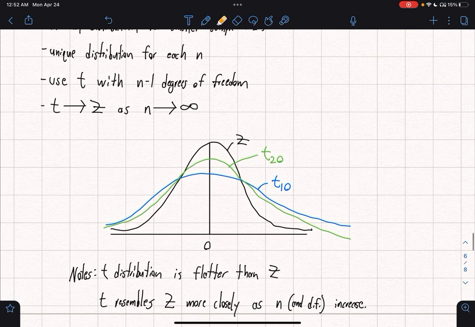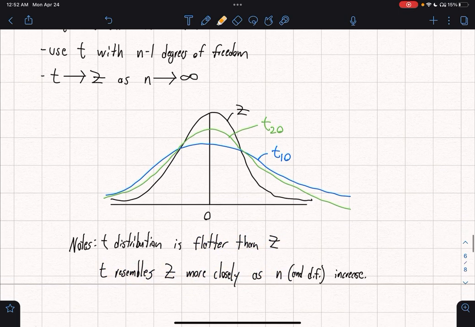So we can note that the t distribution is flatter than the z distribution, but t starts to resemble z more closely as our sample size n and degrees of freedom increase.